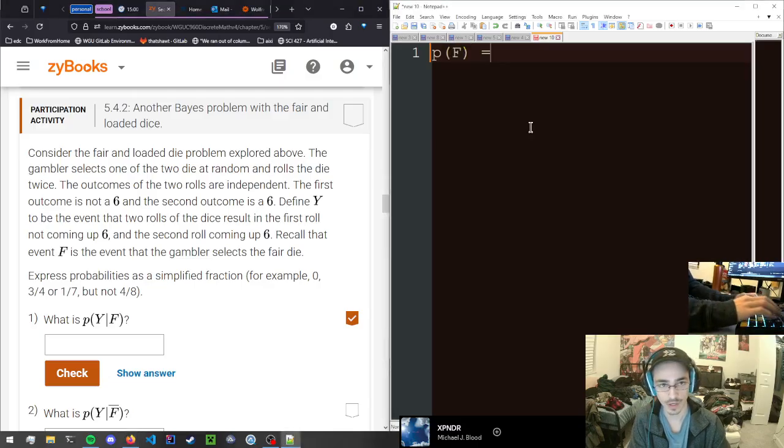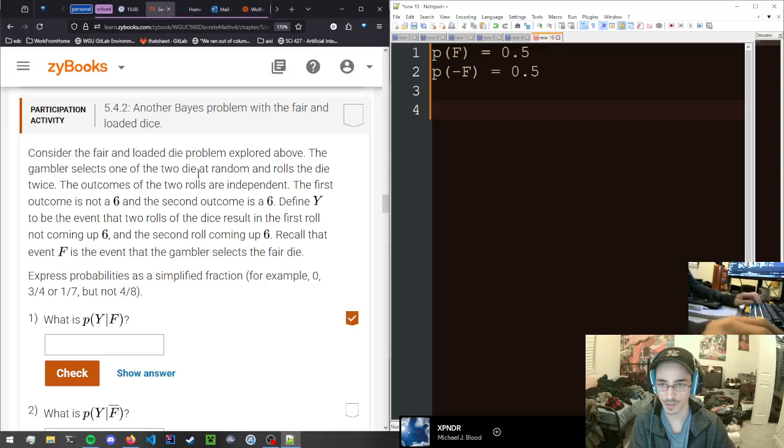So fair die is half, and not fair die is half chance. And then rolls the die twice. The outcomes are independent. So that's good. We can use that. So the first outcome is not 6. And the second outcome is a 6.